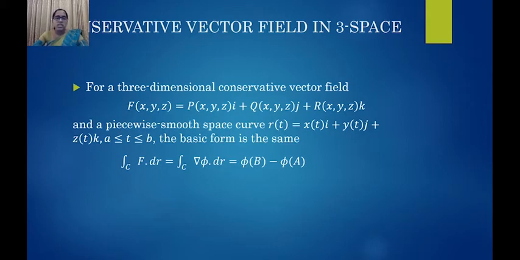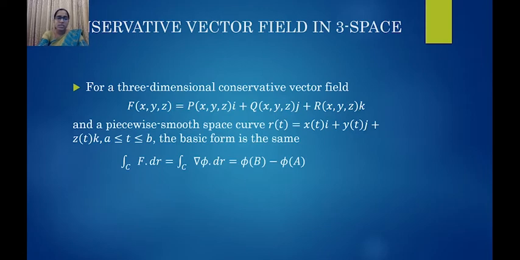For a three-dimensional vector field, F of x, y, z equals P of x, y, z i plus Q of x, y, z j plus R of x, y, z k.